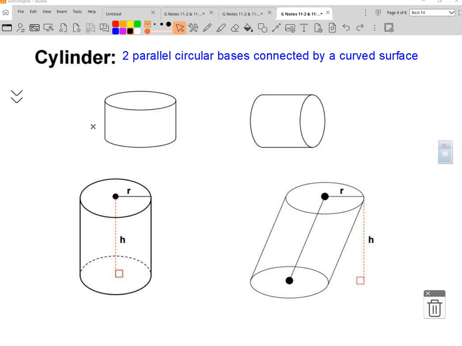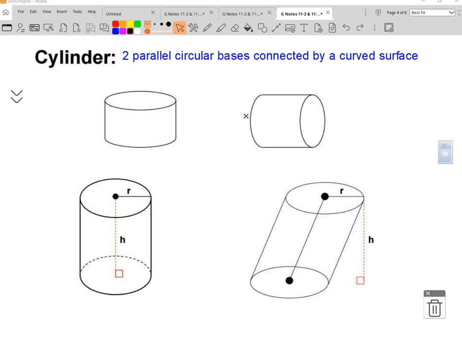You can see that you can have a short, fat one, you can have a long, skinny one. The bases are the circles. Typically we think of bases as something that something sits on, like the base of a statue or the base of a trophy. But in these figures, the bases are the parallel faces, the parallel sides. So this is a circle here and a circle on the bottom that you can't see.